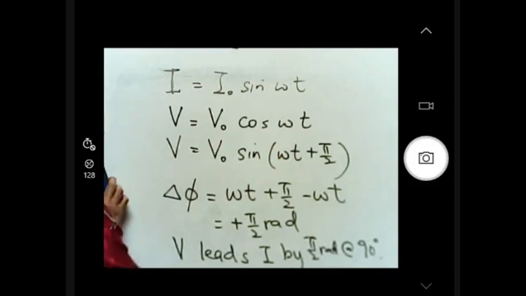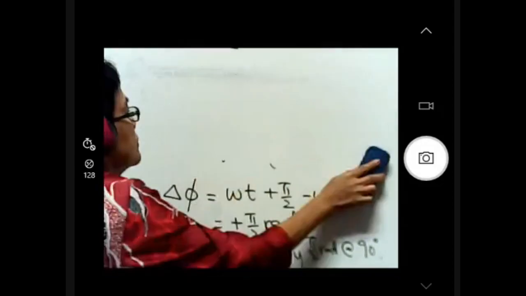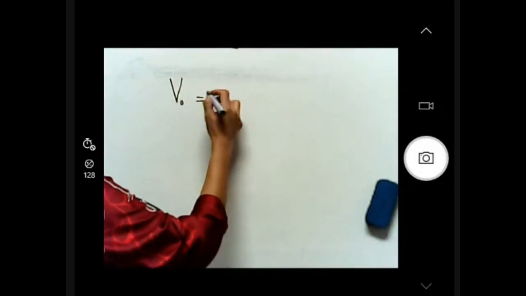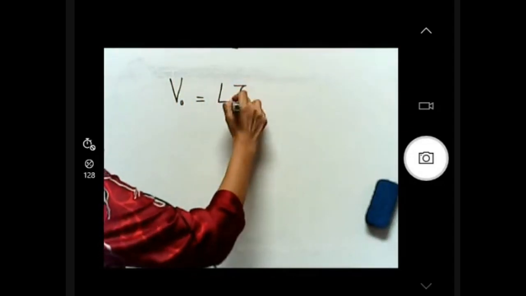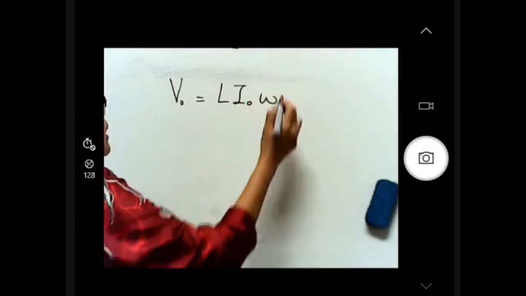Okay, now we proceed to our equation just now where we have V naught equals L I naught omega.